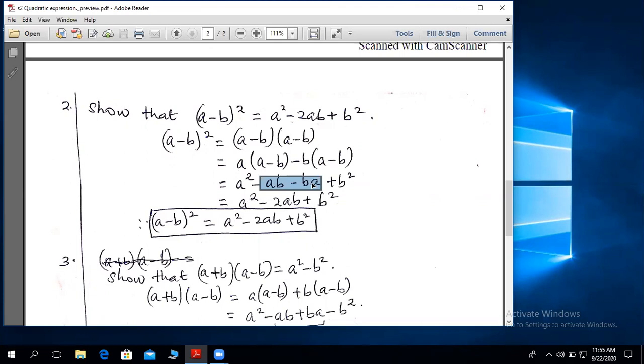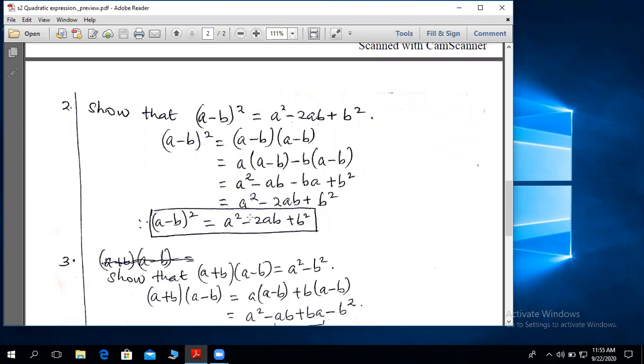The answer is now 2, but negative, so it is negative 2ab, plus b squared, which is this one. So it means a minus b squared, the answer is a squared minus 2ab, then plus b squared. That's what it means.